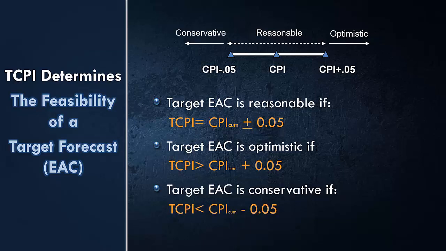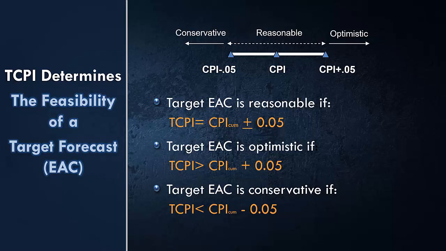And if your estimate at completion is conservative, if your TCPI is less than your CPI minus 0.05, so you are coming up with a TCPI that's lower than your cumulative CPI to date, then it means that you have some buffer in your cost estimate for the completion of the project.